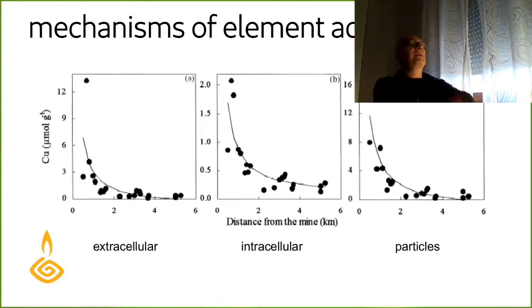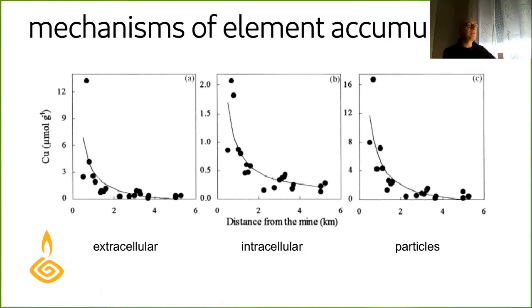And this is a very nice graph about the accumulation of copper in the proximity of a copper mine in Portugal, and you see the relationship with distance from the copper mine is the same if you measure the amount of copper accumulated extracellularly, intracellularly inside the cell, and as particles simply deposited over the thallus surface. What is changing? You see the scale.